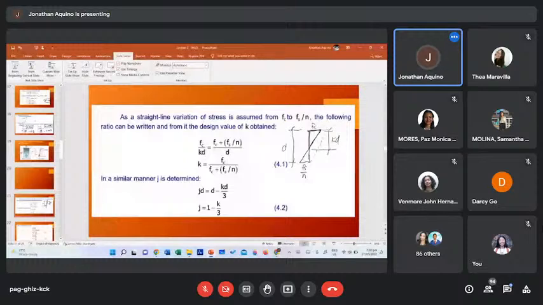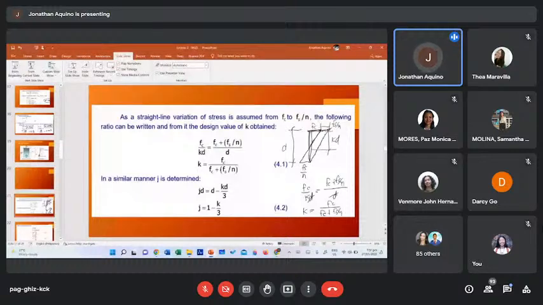So ito yung FS over N. So yung ratio niya is FC over KD is equal to FC, so this big triangle, plus FS over N divided by D, or you can cancel out D. So magiging K is equal to FC over FC plus FS over N.